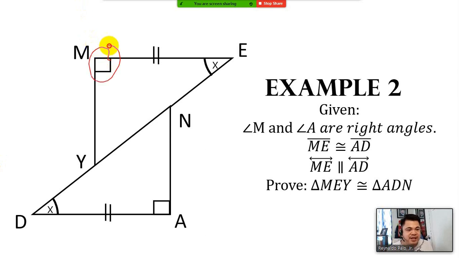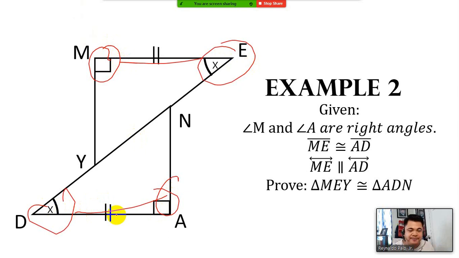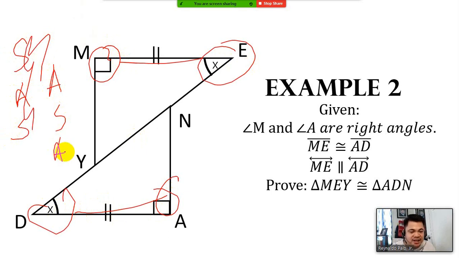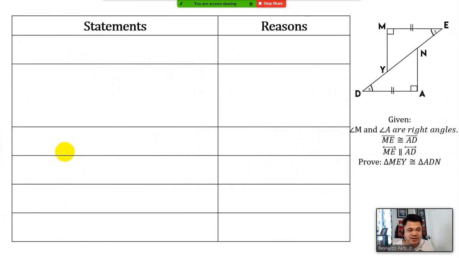As you can see, we have angle side angle. So we will be using ASA, or angle side angle, as our assumption so that we will be guided on how to write our statements and reasons. So let's start. Again, given angle M and angle E are right angles. That's the first given.